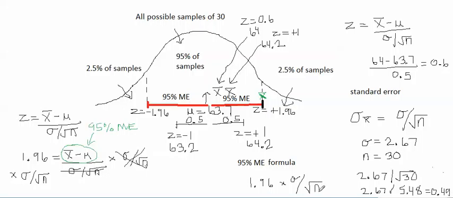And we could solve for this because we already know that the standard error over here is 0.5. We calculated it earlier. So our margin of error is just 1.96 times the 0.5.